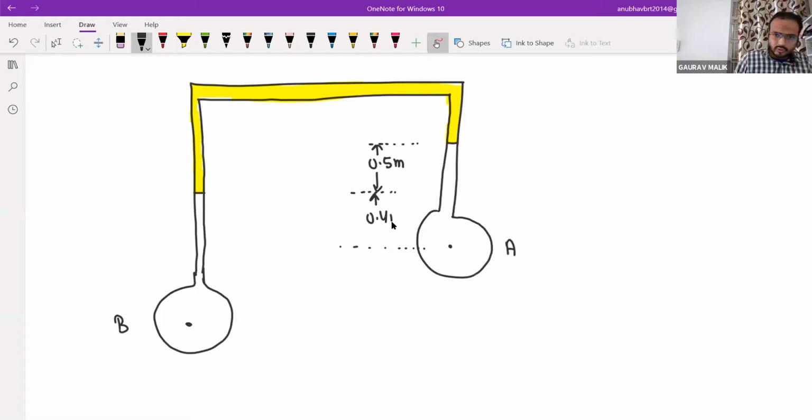This is 0.4 meter. And this one is 0.3 meter. Then oil of relative density 0.8. This one is water.